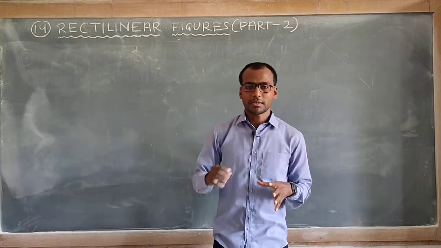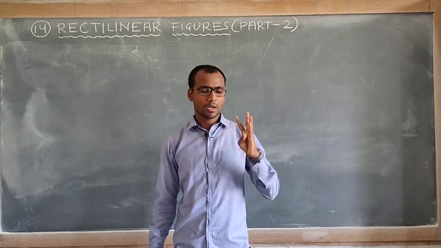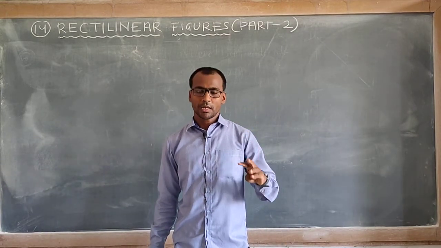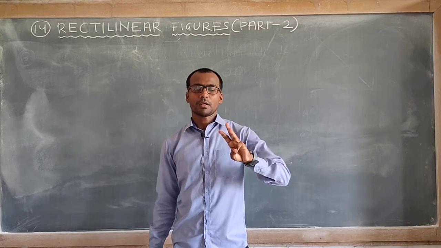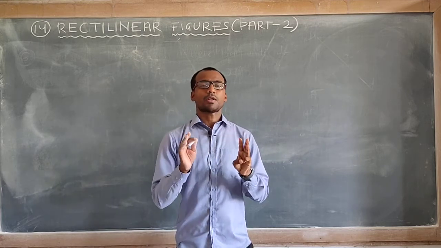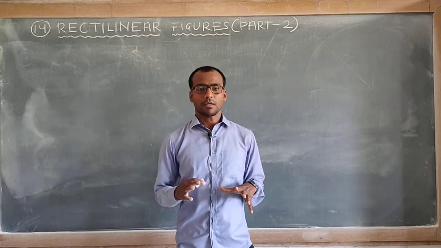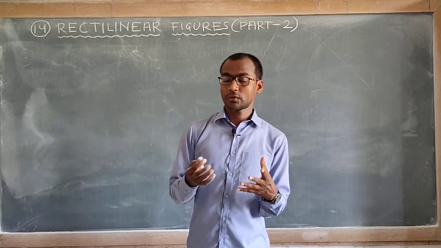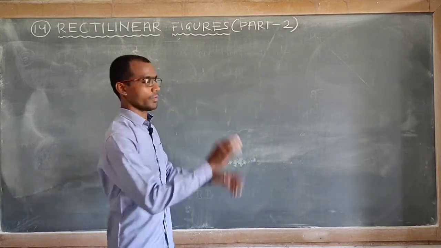Now, all these quadrilaterals, starting from parallelogram, rectangle, rhombus and square, these four special types of quadrilaterals are related to each other. Okay, I'll show that in a diagram, then this part will be over.